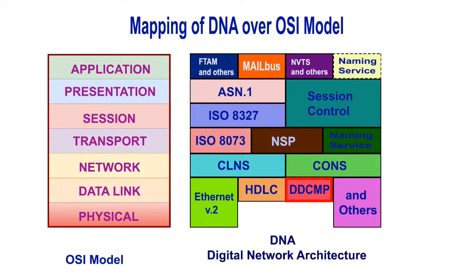It can also be used with full or half duplex, point-to-point or multi-point configurations. DDCMP uses commands and acknowledgements to provide connection-oriented error control, LLC level flow control, and message sequencing services.